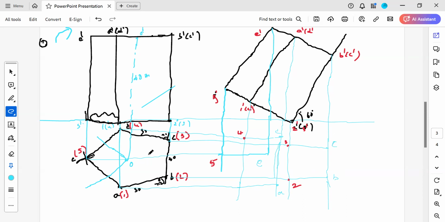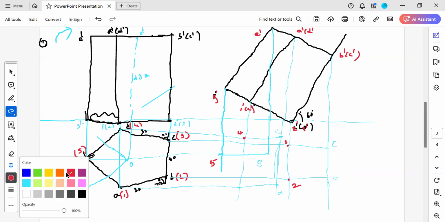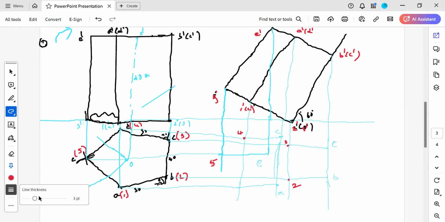While seeing from the top, ABCD will be clearly visible. This is the A point, this is the B point, this is the C point, and this is the E point, which is clearly visible.